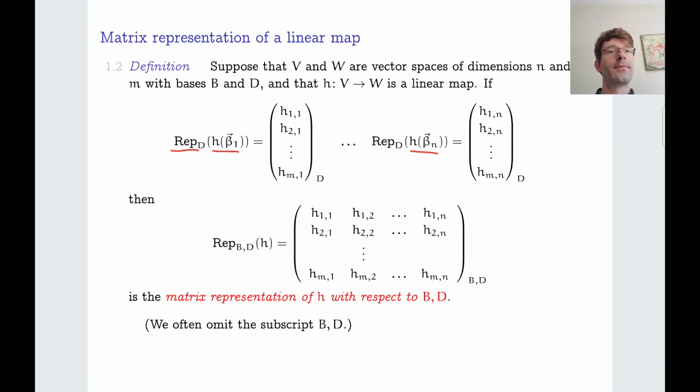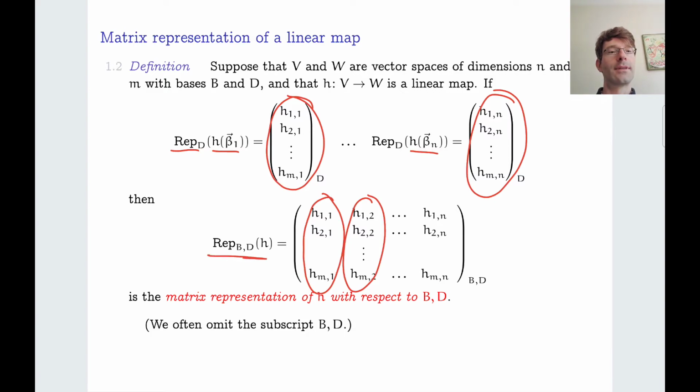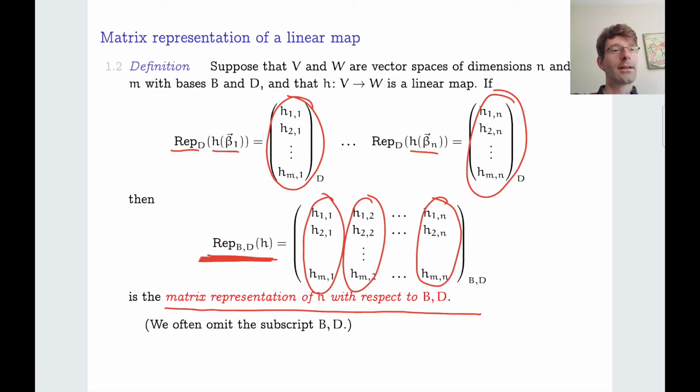Now the output space has dimension m, so the entries of these vectors, well, there will be m entries, and we put these m-tall vectors in a matrix, which we call like this, the representation with respect to B and D of the map H. So that's the matrix representation of H with respect to B and D. These subscripts here and here sometimes help to clarify things, but we may also omit them.